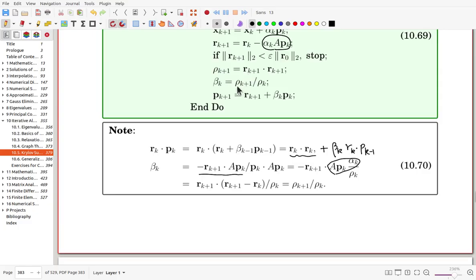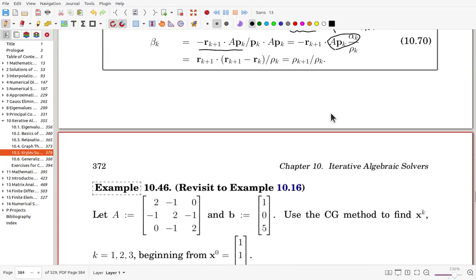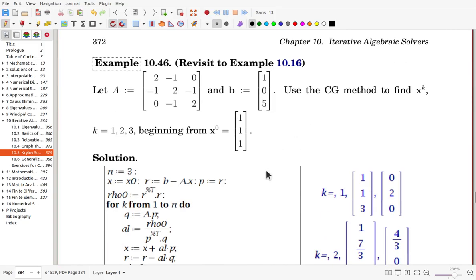Then beta_k is chosen and used for this update of the new search direction. So it is mathematically exactly the same as the earlier one, but it's simpler, and people like this form, much more popular. Let's see an example.